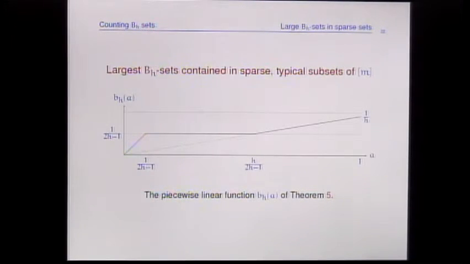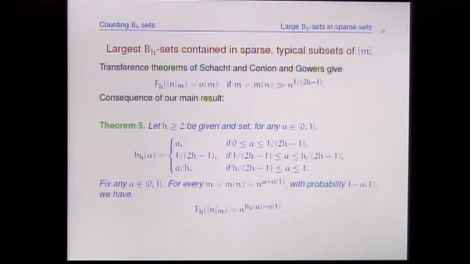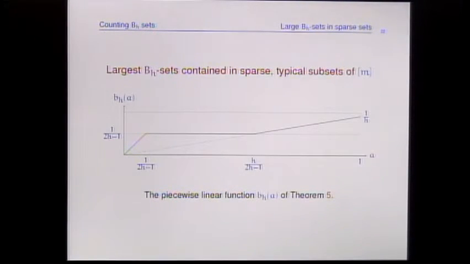So on the x-axis you have a. You're talking about a random set of size n to the a, and inside it you want to find a BH set. For instance, if a is 1, you get 1 over h. At the beginning, a and b are the same.